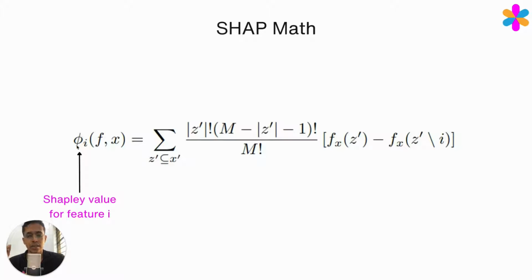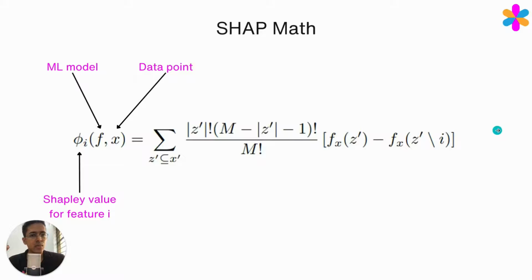So phi is the Shapley value for feature i. f is the ML model. It's a black box model, right? We don't know how to interpret the ML model. That's what we are trying to do through this Shapley method. So f is the ML model and x is the input data point.